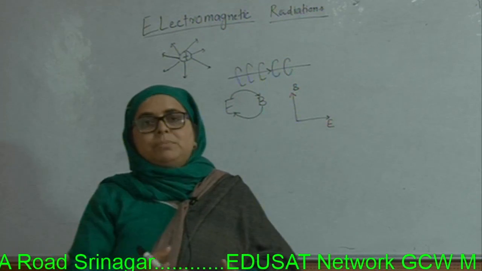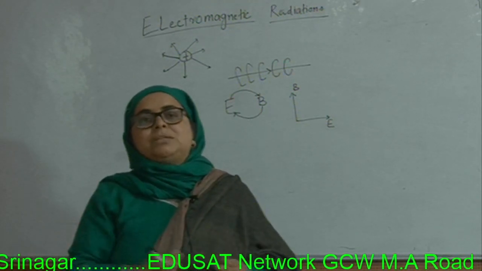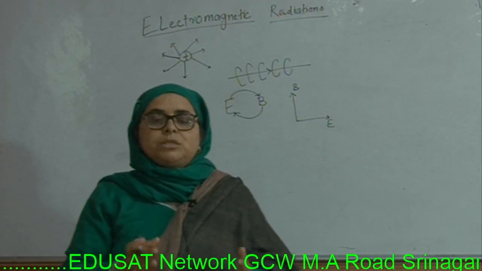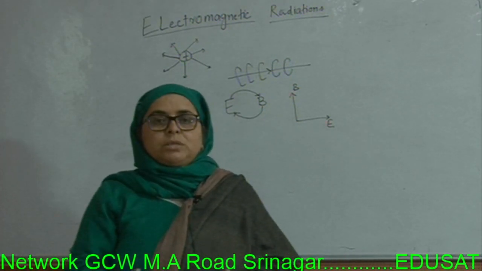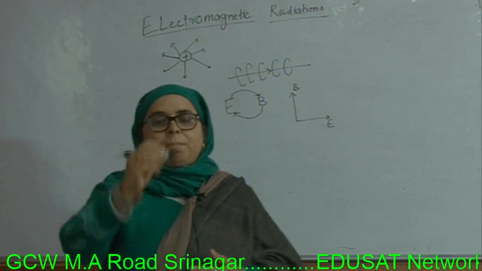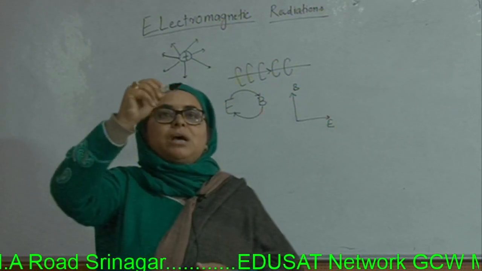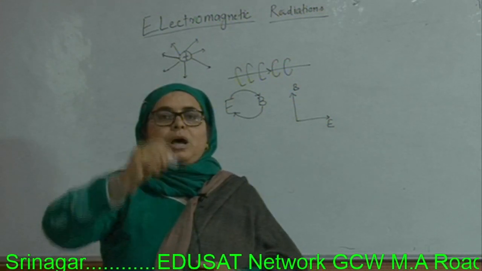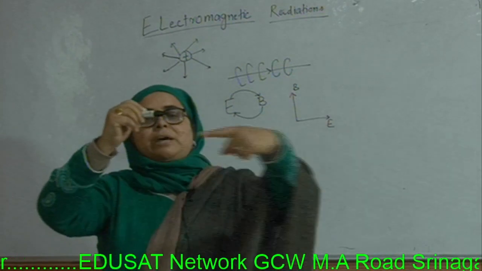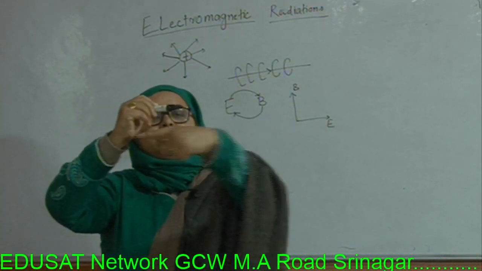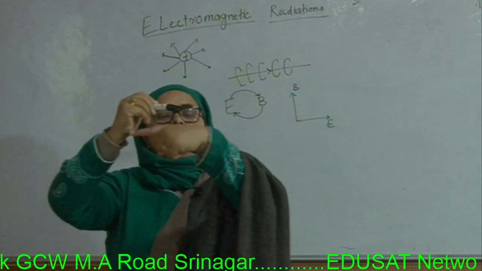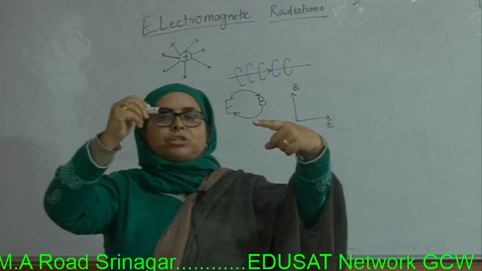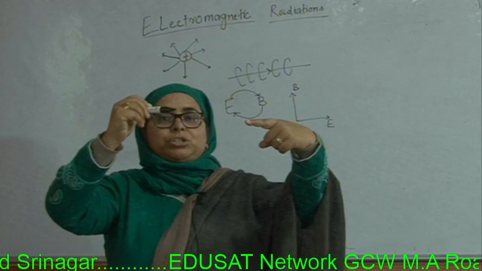We have to remember that this electromagnetic radiation is transverse in nature. First, what's transverse? Transverse is when the particle oscillates up and down, and the direction of propagation is perpendicular to it. This is the direction of the oscillation, and this is the direction of this electromagnetic radiation, right?